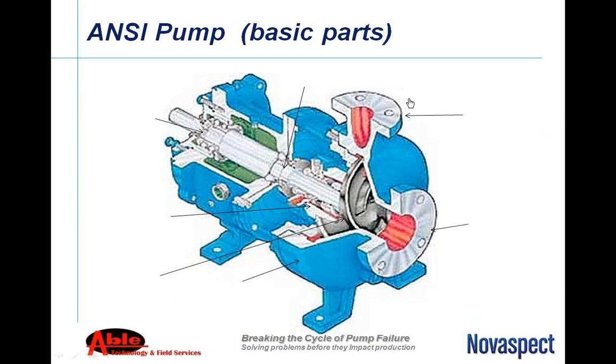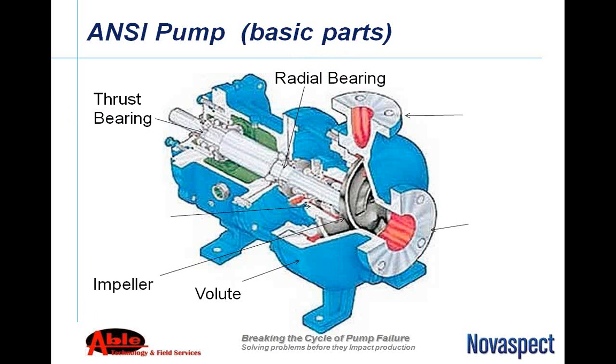To begin this course, we're going to start with the ANSI pump, the basic parts. We've got the thrust bearing, the radial bearing, the volute, or the casing as it's known, the impeller, the discharge side of the pump, and the suction side of the pump.